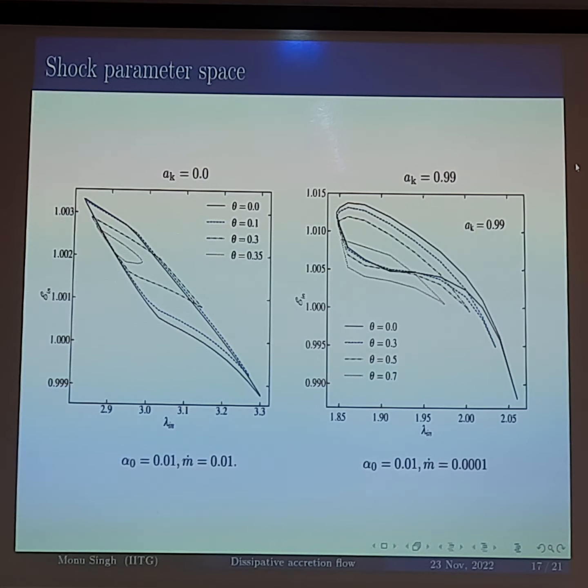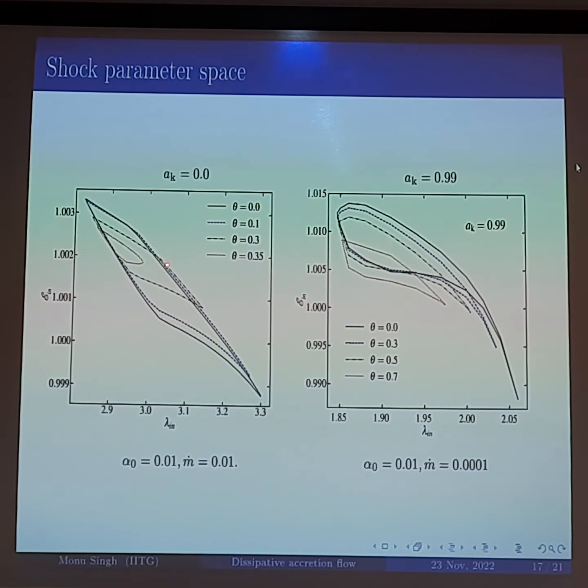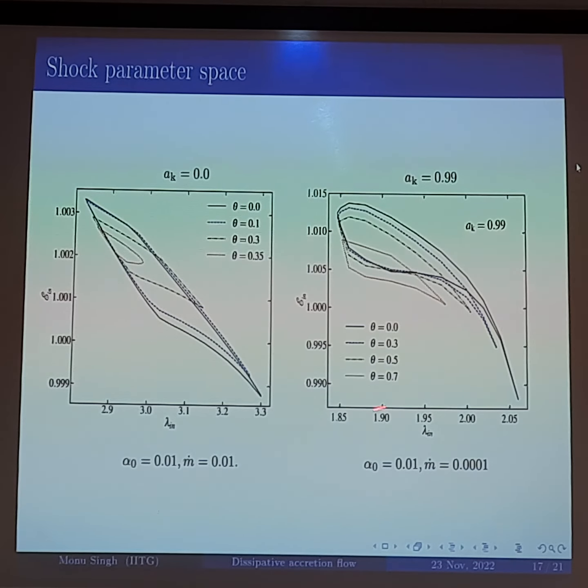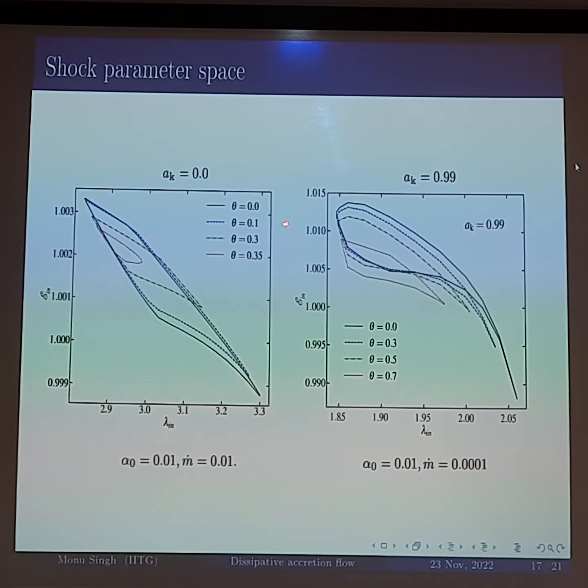After a point, you don't get any shock; the parameter space is shrinking. If you increase further from these values, the shock will disappear, and this might be true for 0 and 0.9.